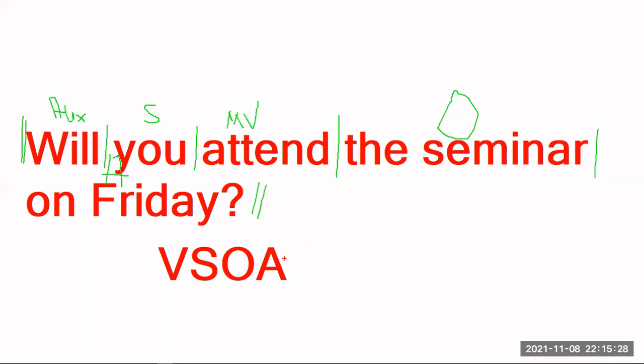Well, I think something is missing in our analysis here. I think it will be proper to put this as verb, subject, verb, object, adjunct. You can see, because both will and attend are verb elements, or verbal elements, if you like. So we can look at the structure of this sentence as VSVOA, all right?